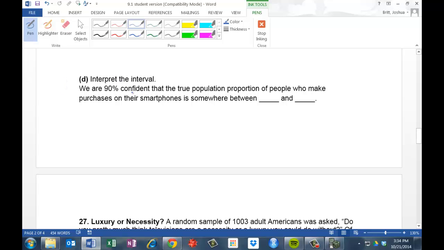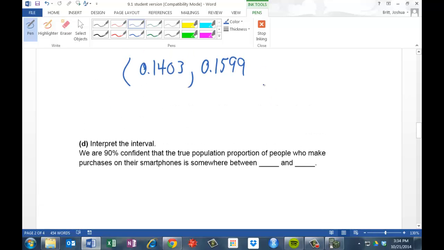Now interpret the interval. Here's what we say. We say we are 90% confident that the true population proportion of people who make purchases on their smartphones is somewhere between 14.03% and 15.99%.